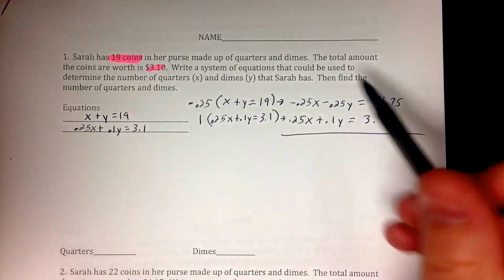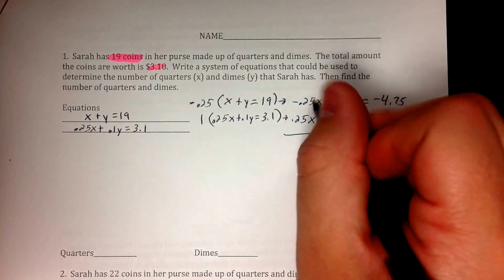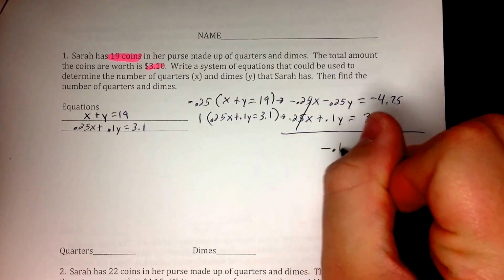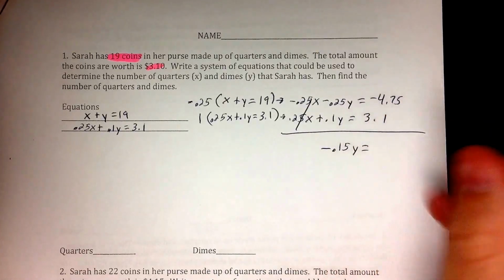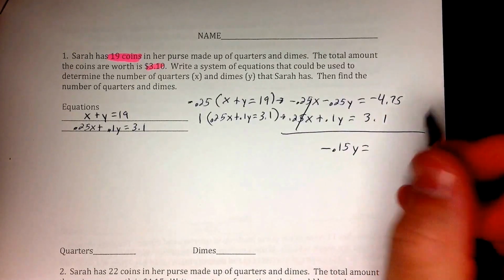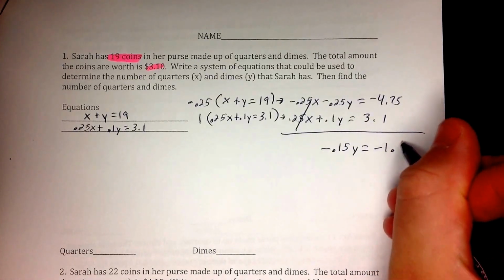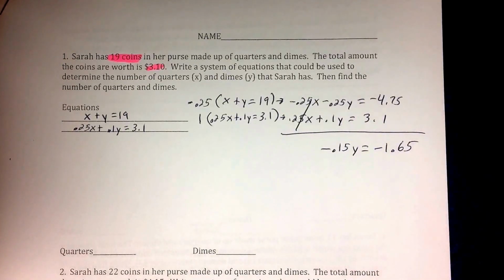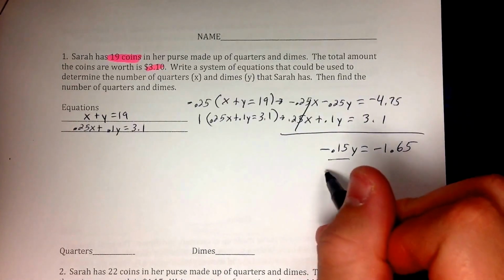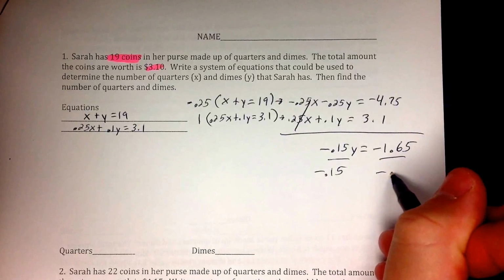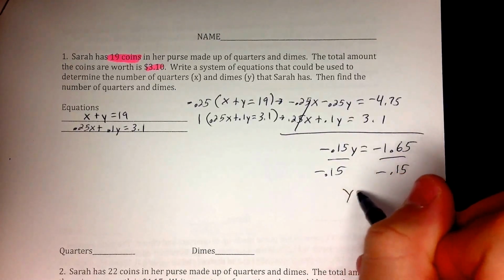Now if I add these two together, the x's are going to cancel. Negative 0.25 and 0.1 is negative 0.15y equals negative 4.75 and 3.1 gives me negative 1.65. And if I divide both sides by negative 0.15, I get y equals 11.